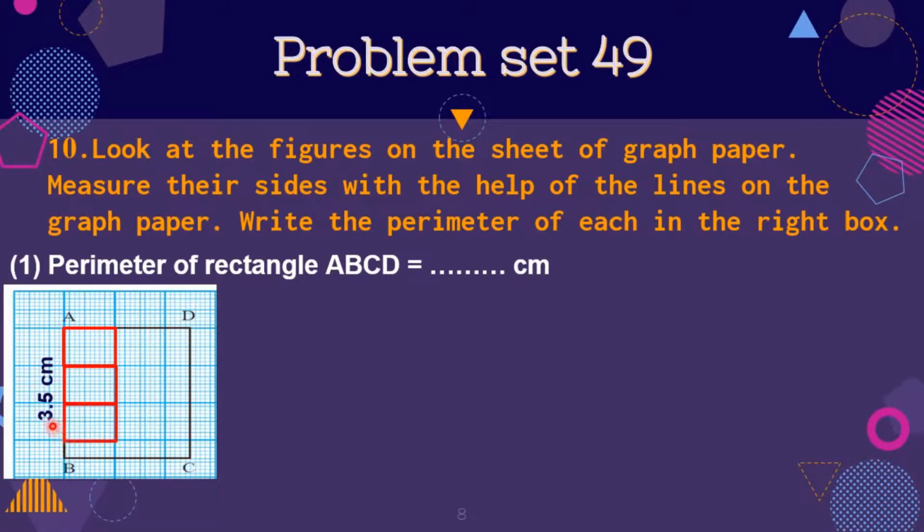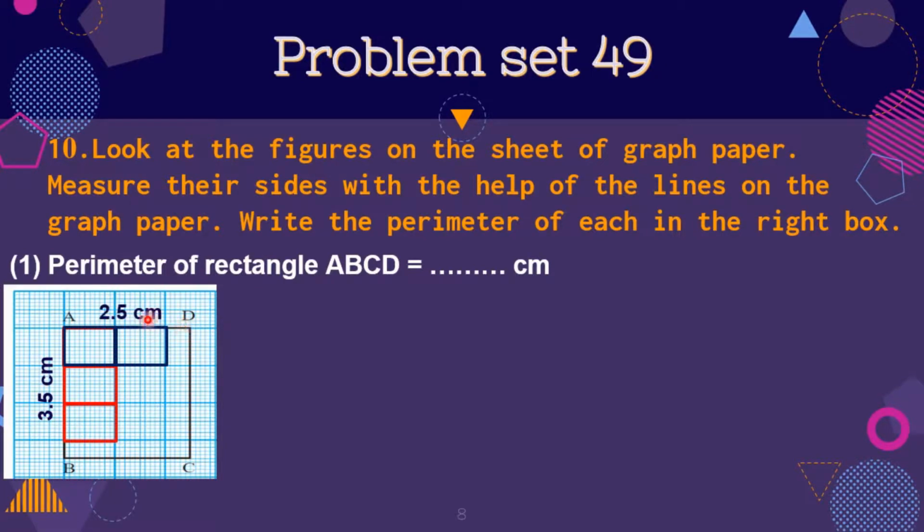Let us find out the breadth of this rectangle. As you can see, there are 2 squares along the breadth of the rectangle. So we say it is 2 centimeter and also there are 5 lines after that. So we say the breadth of this rectangle is 2.5 centimeter.